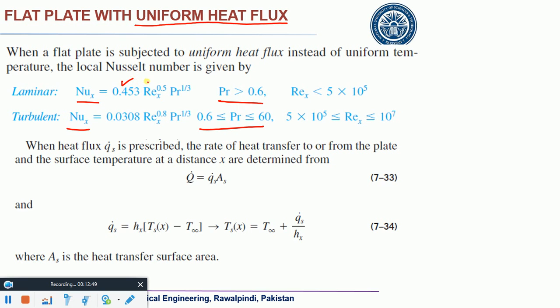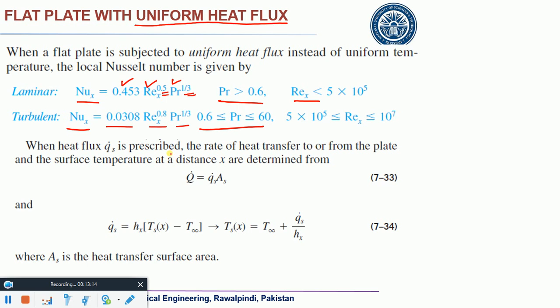Nusselt number is again dependent on some coefficient multiplied by Reynolds number raised to power m multiplied by Prandtl number raised to power n. You see, all of those relationships are of that previous form, and there are ranges of parameters where you can apply those relationships. Prandtl number greater than 0.6, then these relationships.